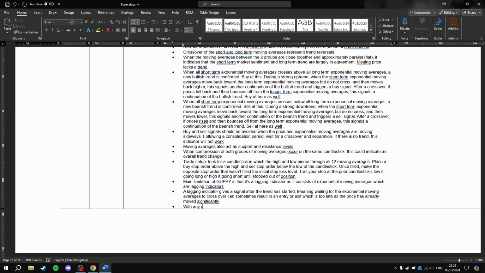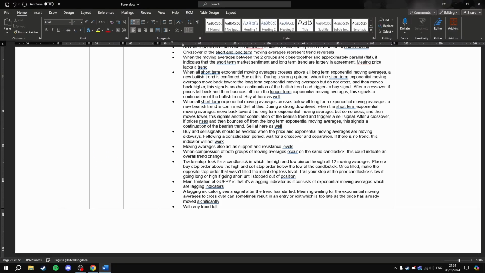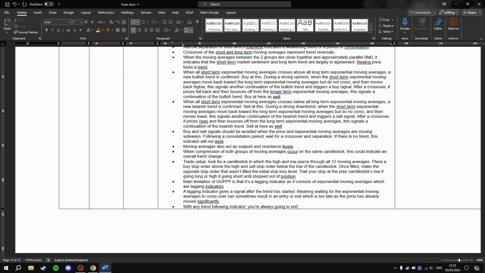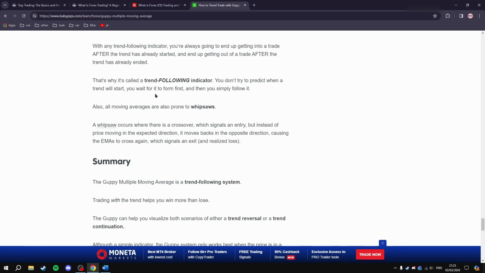You always enter the trend after it has started, and exit after it has finished. That's why it's called a trend following indicator. You don't try to predict when a trend will start, you wait for it to form first and then you simply follow it.